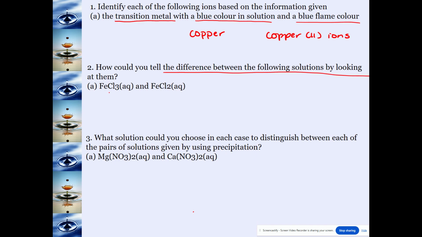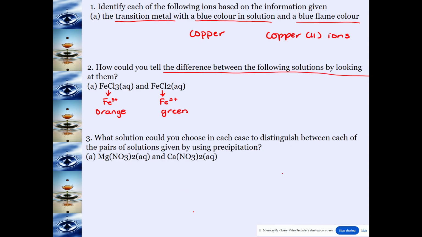They both have chloride ions, but one is a source of iron 3+ ions, and the other is a source of iron 2+ ions, right? That's what's balancing with the chlorides. So iron 3+ is going to be an orange-yellow color, whereas iron 2+ is a lime green color, okay?